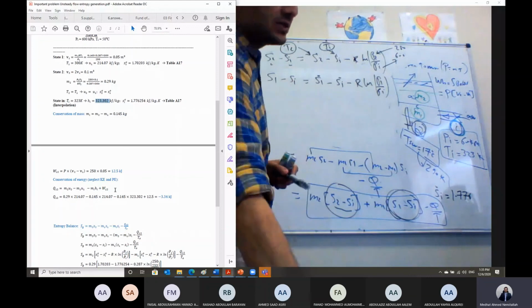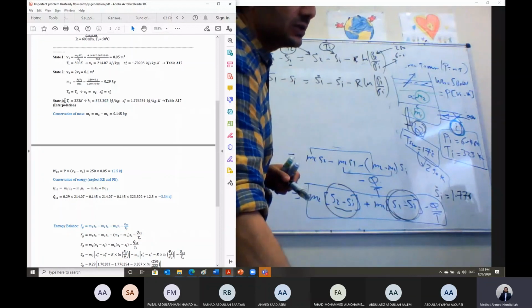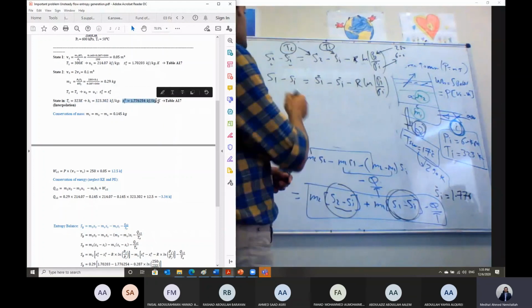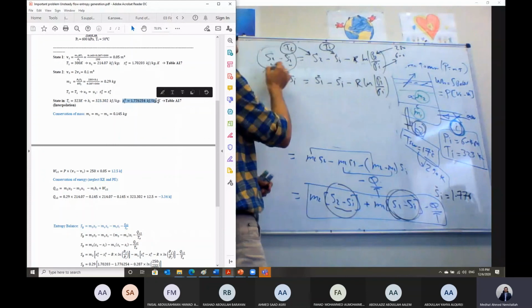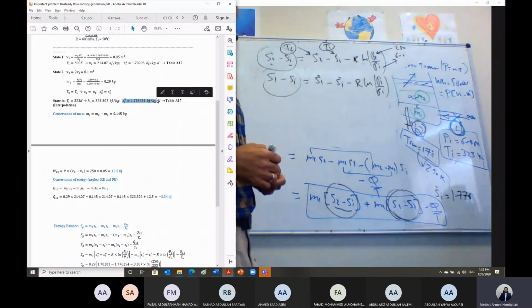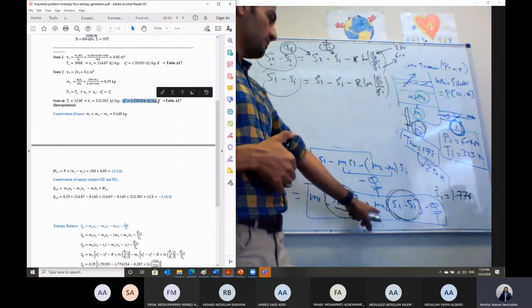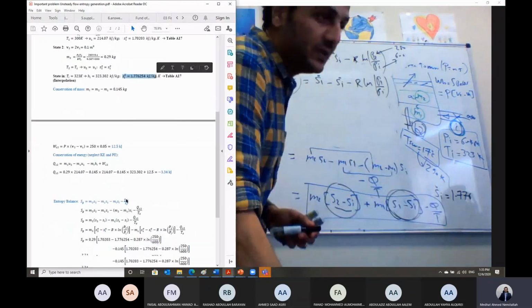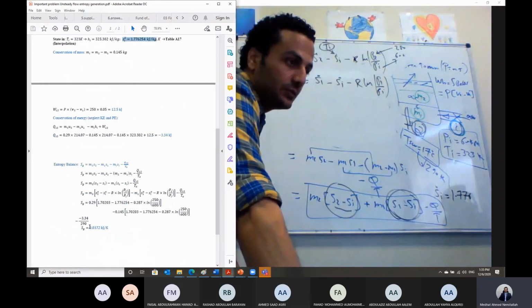You can just check those values here. Those are at the inlet condition. You can see we get h inlet and we get the entropy S inlet in this case. Then we can calculate this term. Like this also we can calculate the other term, S1 minus S inlet. And we have m2, we have m1, and we have the heat transfer we have calculated. Then in this case we can calculate the entropy generation.